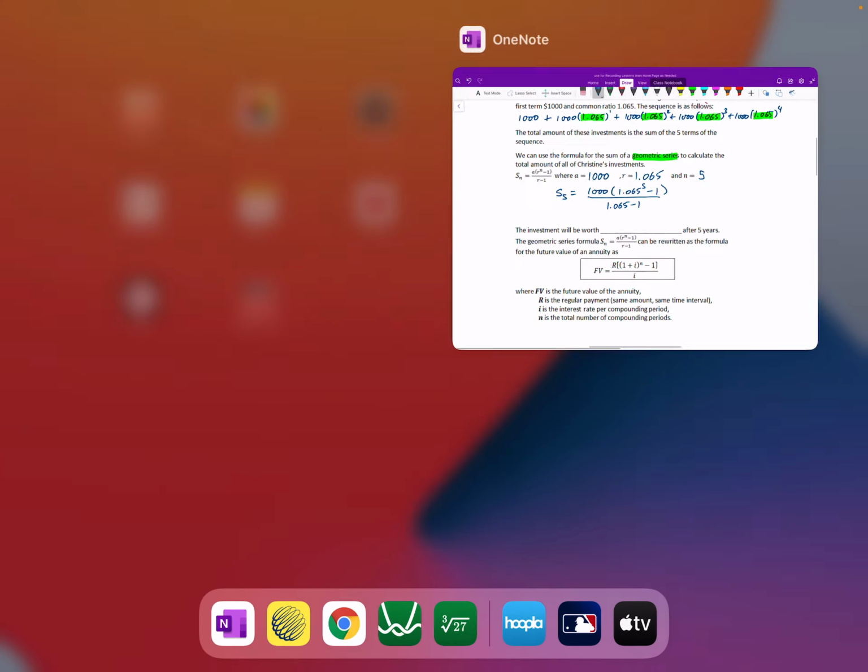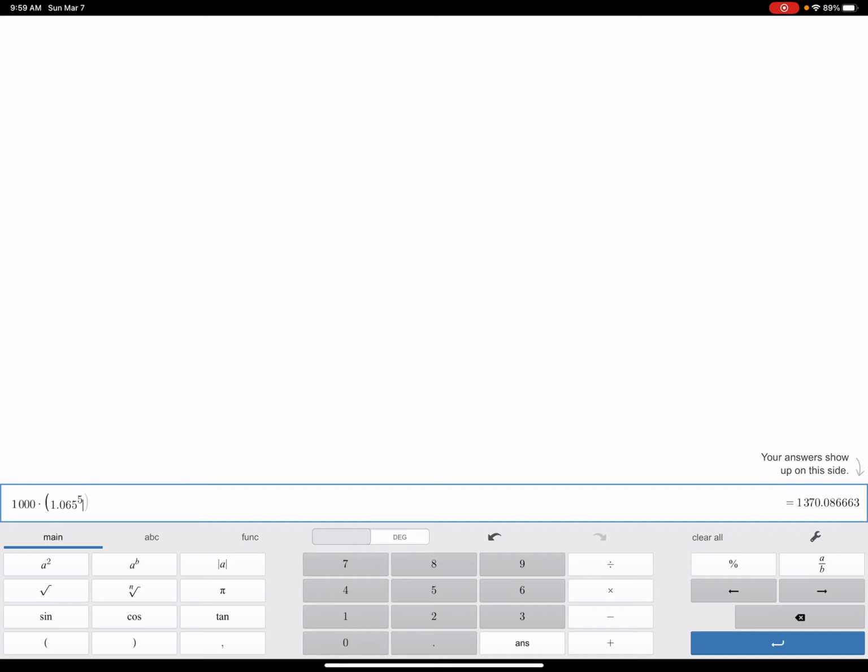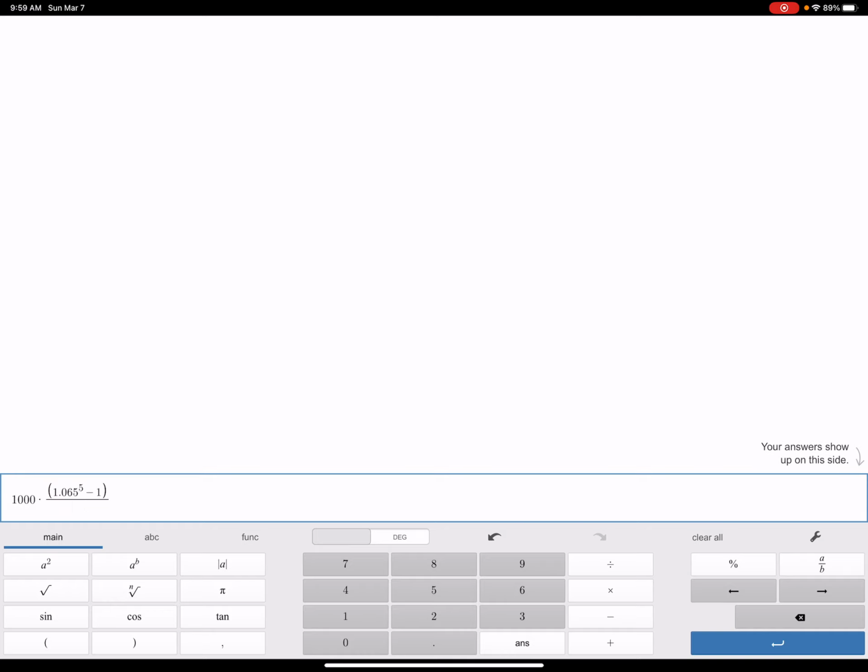And that should give us the sum of the series. I'll actually type it in the way it's supposed to be: 1,000 times 1.065 exponent 5 minus 1, divided by 1.065 minus 1. Obviously, again, that denominator is just going to simplify down to 0.065.